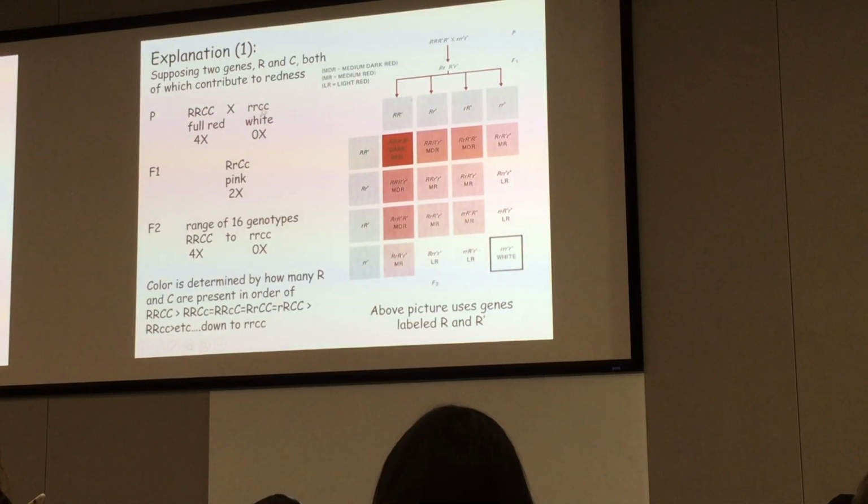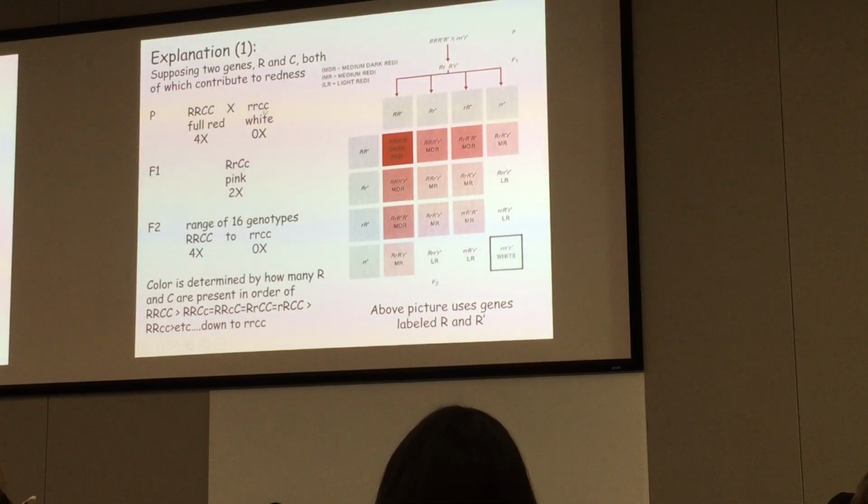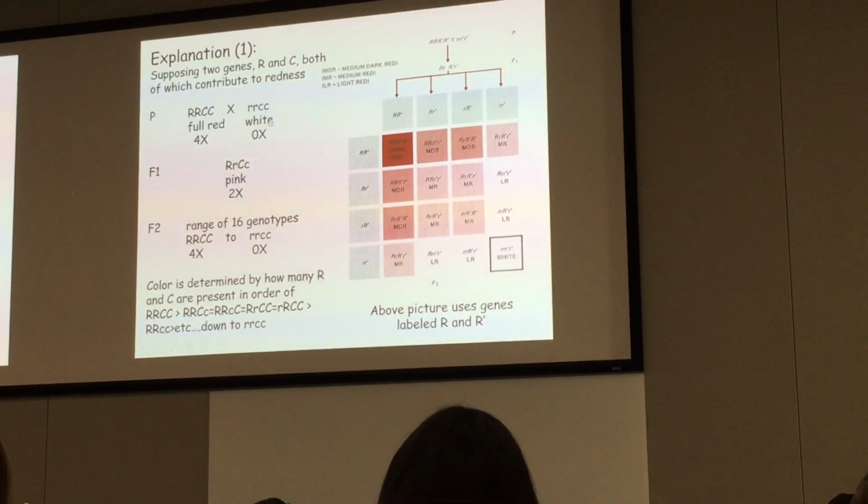And we're going to say the other parent is also true breeding, so it's homozygous at these 2 loci, small r, small c. There's no capital letter allele here, and we're going to say that these are all producing no red pigment, right? They're defective in some way, so they don't produce anything. So that explains why you get full redness from this parent and full non-redness or white from this parent.